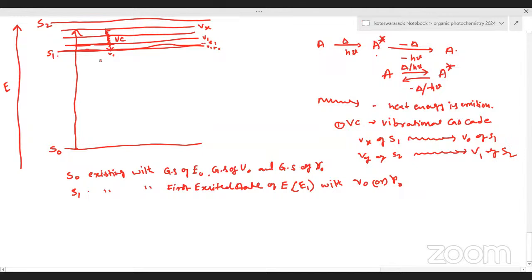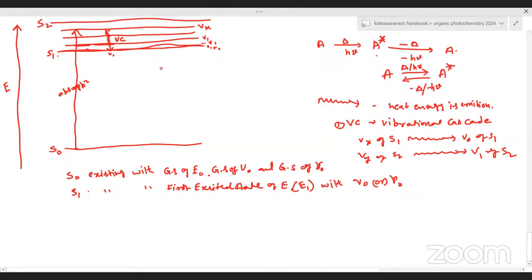From here, it may deactivate in several ways. How? This is the absorption, first one. This is the vibrational cascade. From the vibrational cascade to V0 of S1, it may undergo several kinds of deactivation.